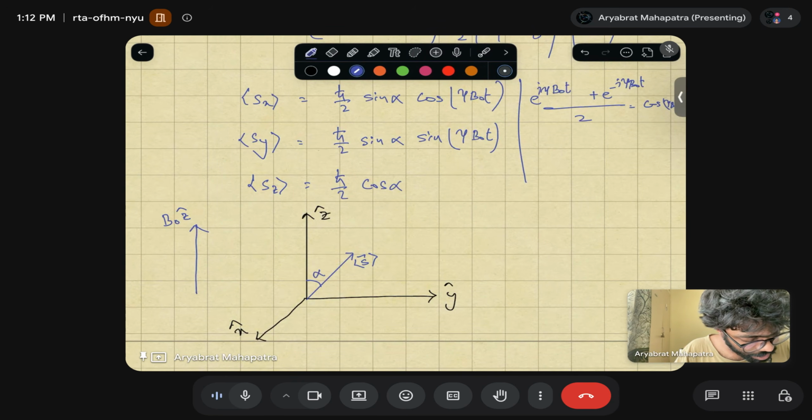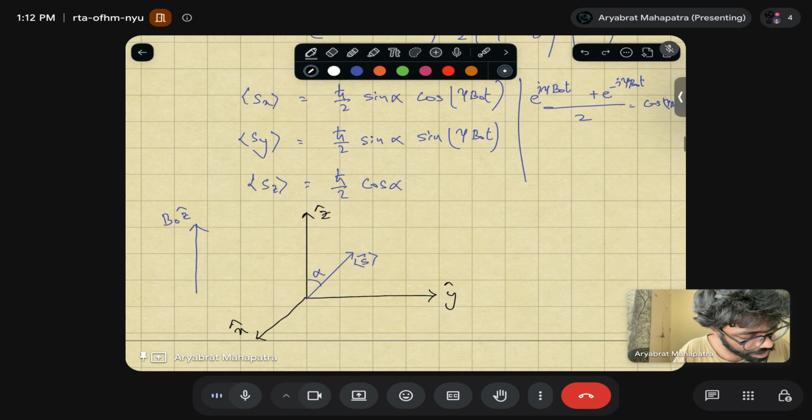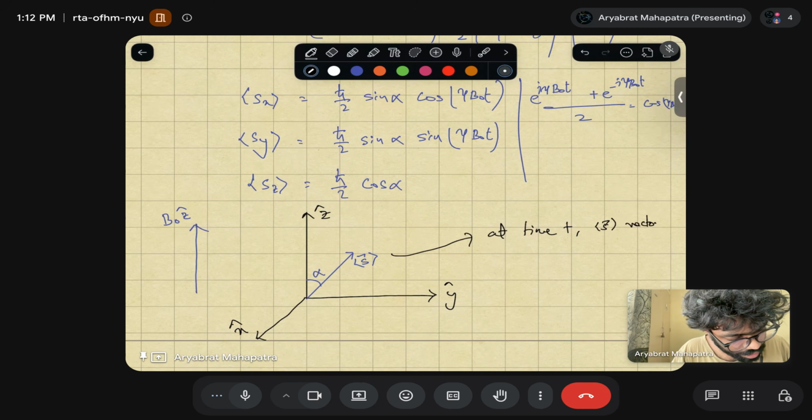So at time t, your S vector is tilted by angle alpha with the z axis.